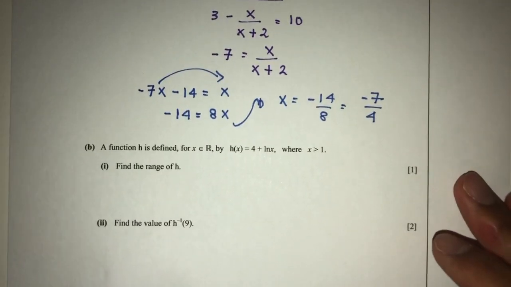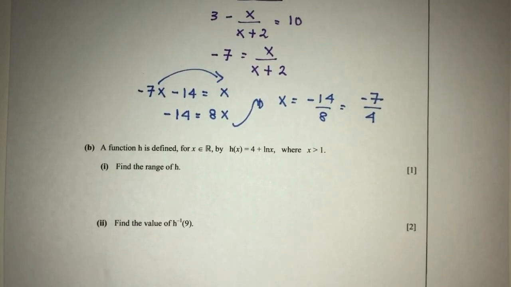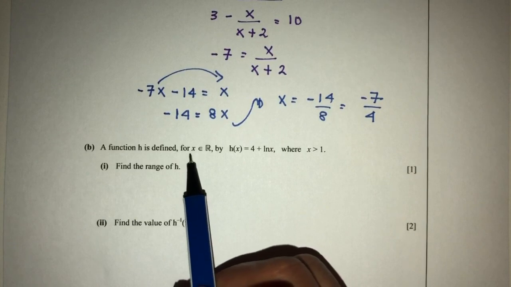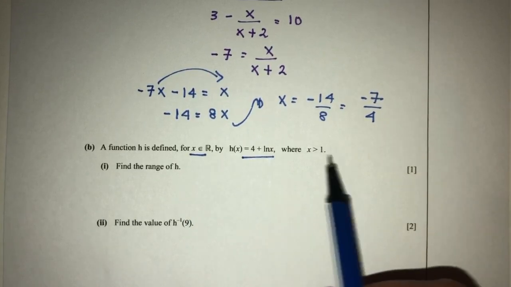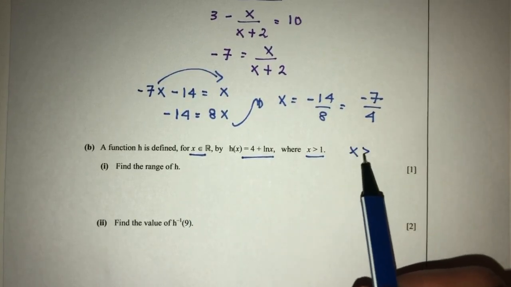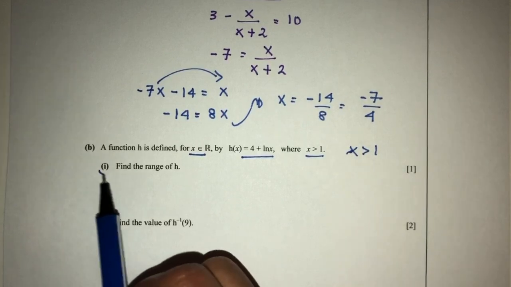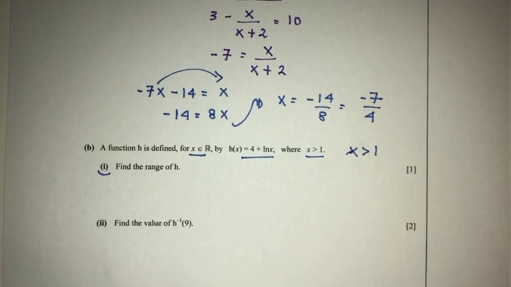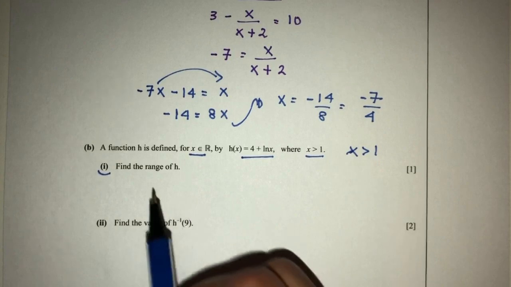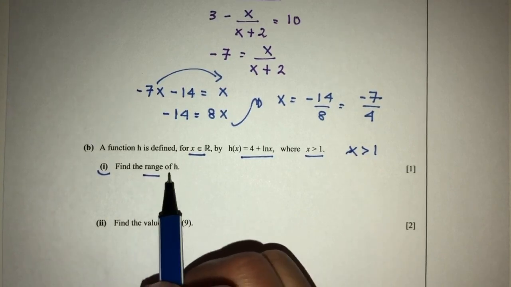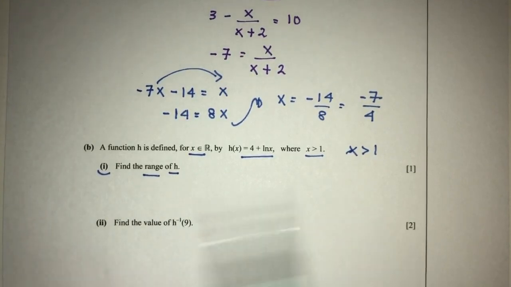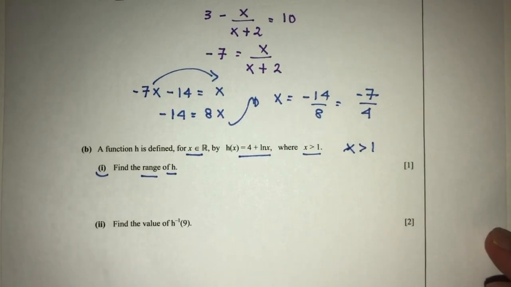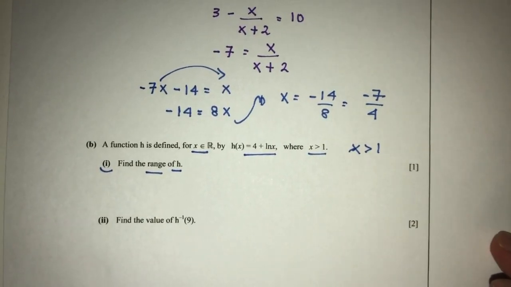Now for part B, a function h is defined for any real numbers of x by this, where x has to be more than 1. Okay. Now part 1, we have to find the range of h. Now sorry about that. To find the range of h, we have to first understand what is the shape of the graph.